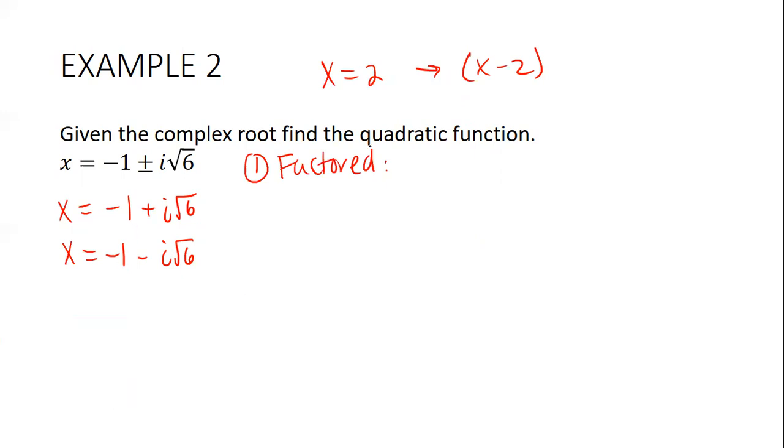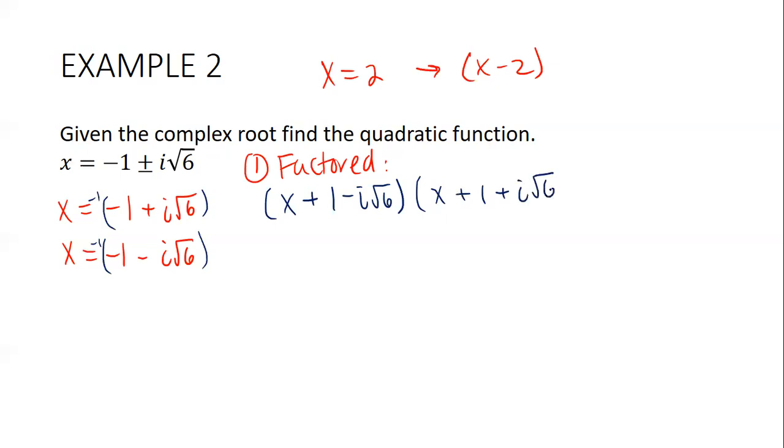And just like with this, notice how what was positive became negative. So essentially, you're multiplying each one of these by -1. So my factors are going to be x plus 1 minus i square root of 6 and x plus 1 plus i square root of 6. And those are my factors.